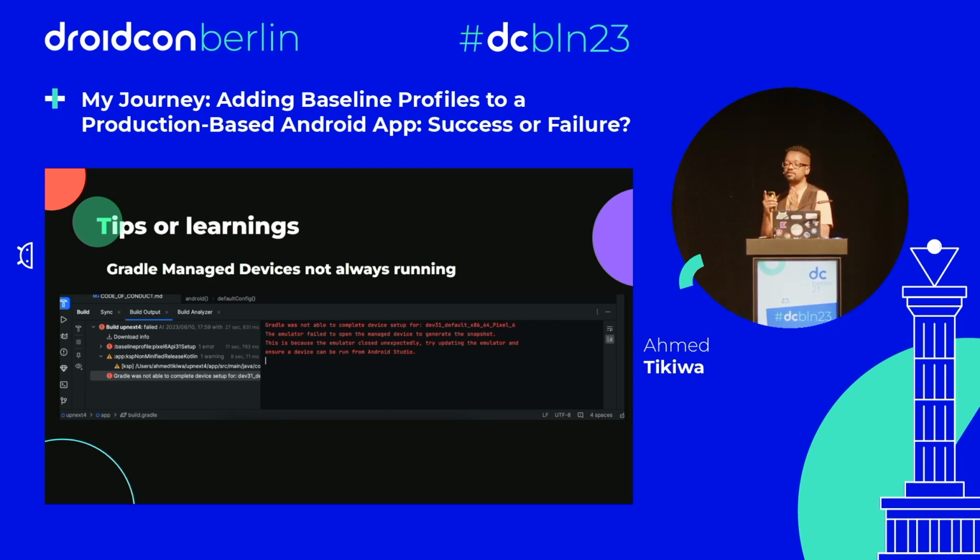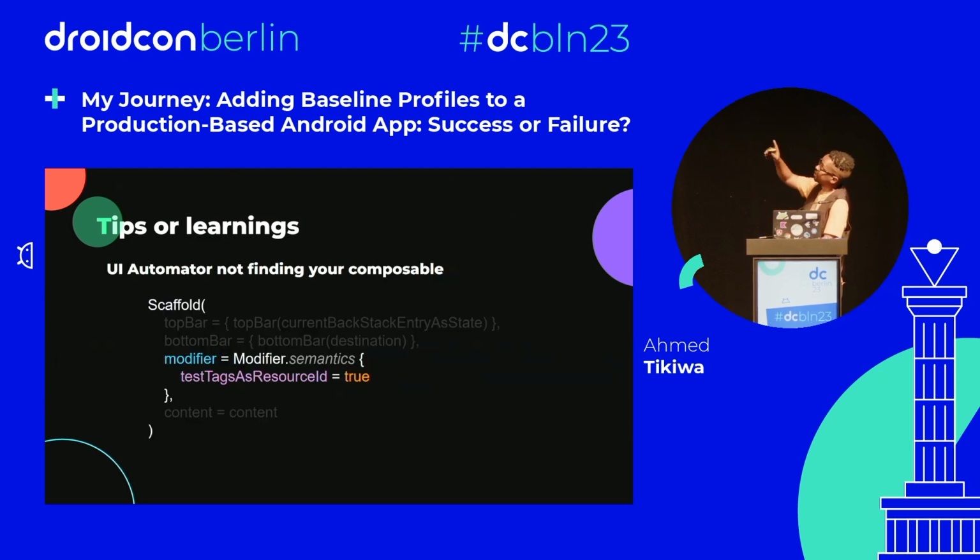So, a connected physical device. Then the UI Automator, as I mentioned earlier, if it doesn't find your composable, it might be because you haven't added the test tags as resource ID equals true within your composable tree. So just make sure that this is enabled, and then you'll be able to interact with your UI.